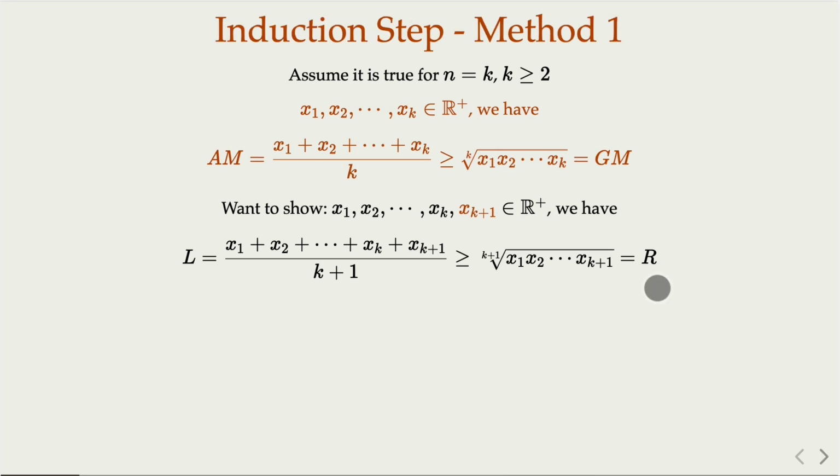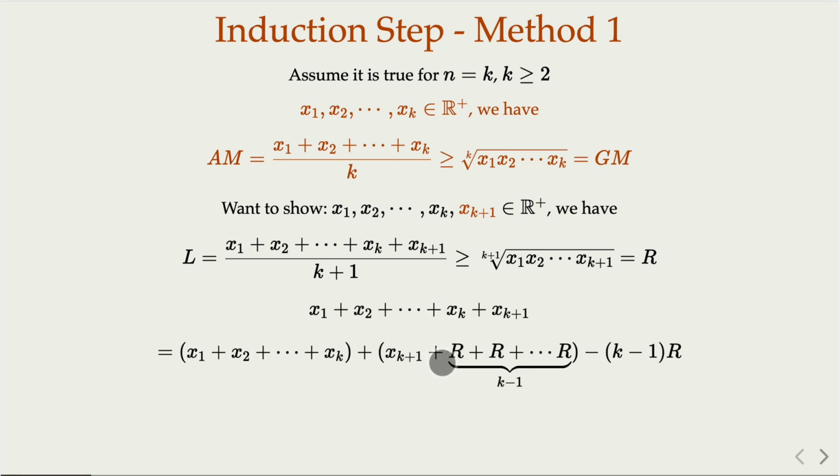For the first method, let's look at the sum of k plus 1 variables. We're going to rewrite it by adding k minus 1 R, and of course you need to subtract that in order for this equality to hold. The reason we want to group this is such that we have two sets of k numbers, where we can apply the induction assumption.